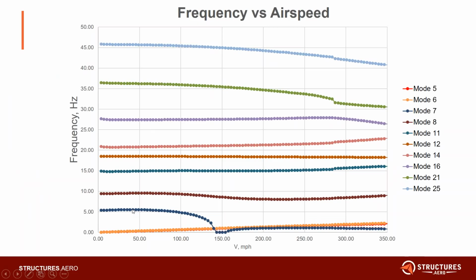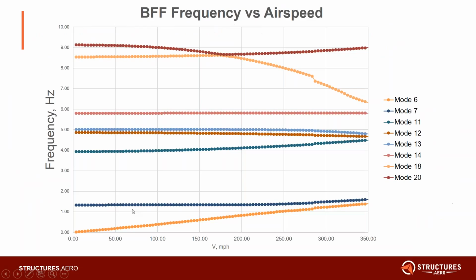And so in order to get the behavior that we want, I scaled the mass by about 20 times, and now our first bending frequency is actually at about 1.2, 1.25 hertz, okay? And so by adding that mass, we reduced the frequency, and we did end up getting body freedom flutter.